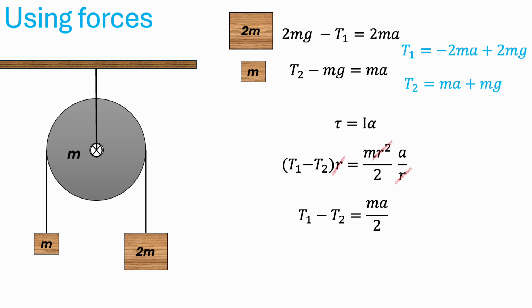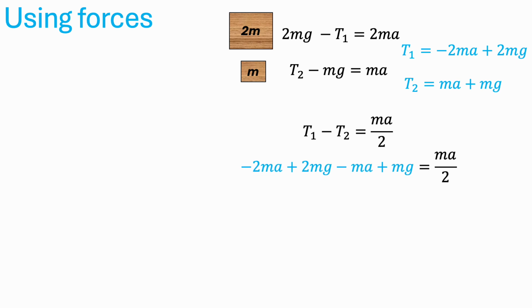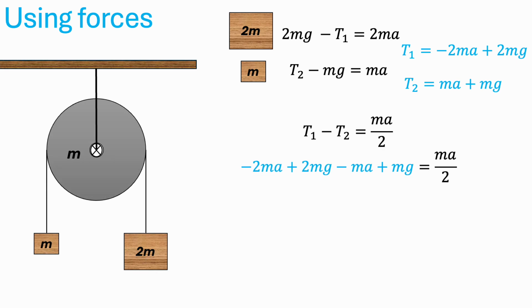Okay? From there, that allows us this expression. Just be careful with the signs in T2, because they're reversed, thanks to the minus T2. And when we add all of those up together, all the mg's, all the ma's, what we're left with, once we cancel m's as well to make things a little bit simpler, is something like this.